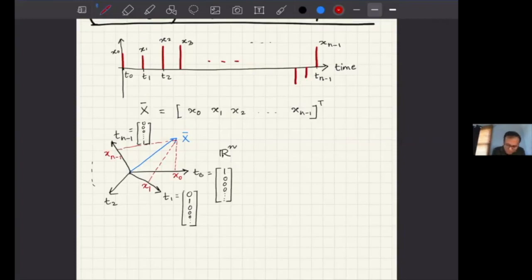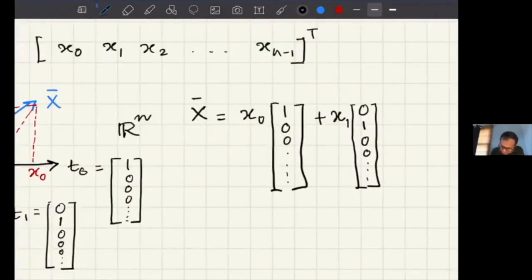So then x can be written as nothing but the projection x0 times the vector t0, plus the projection x1 times the vector on which it's projected, which is 0, 1, 0, 0, all the way to xn minus 1 times 0, 0, 0, dot, dot, dot, till 1.